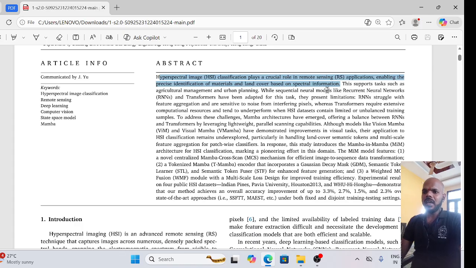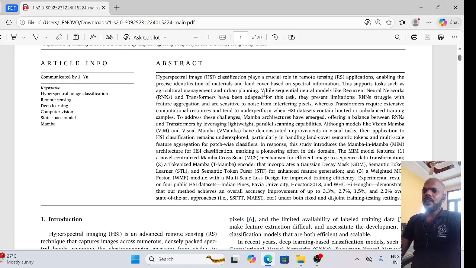That is the introduction about the hyperspectral image. The next point: this supports tasks such as agriculture management and urban planning. That means using hyperspectral images you can do agriculture management and urban planning.